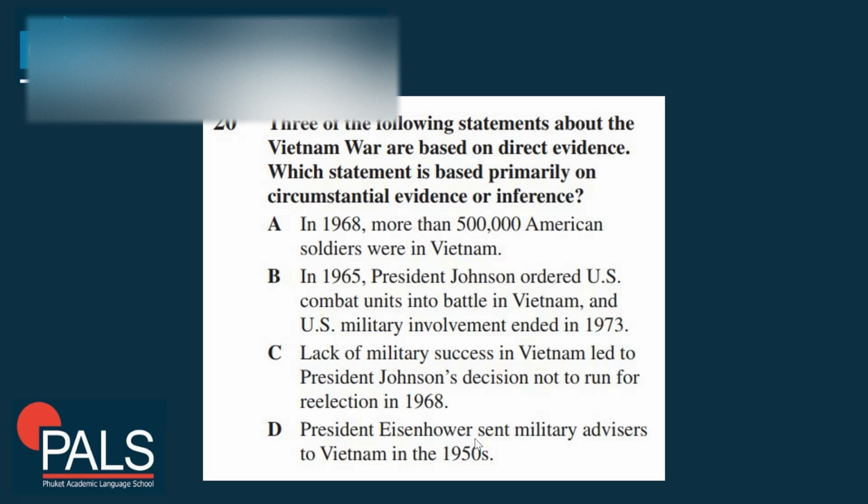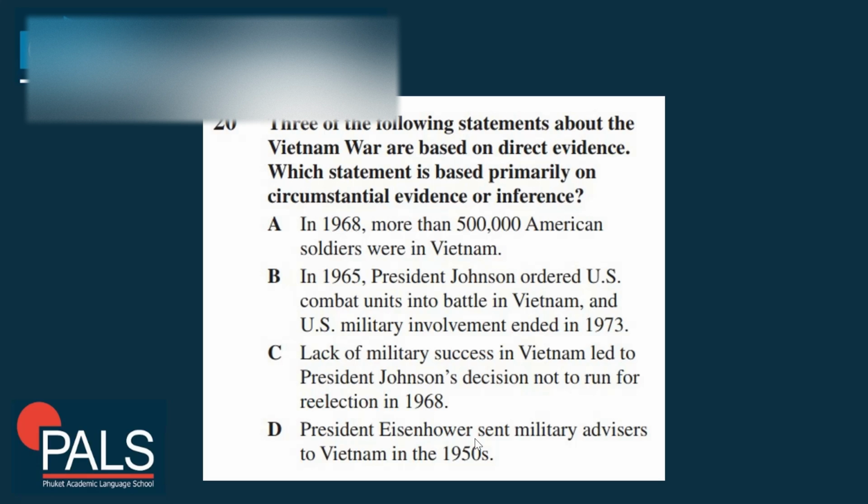Okay. So a lot of these answers we could base on physical evidence. There would be memorandums, there would be numbers. So A, more than 500,000 American soldiers were in Vietnam in 1968. We could prove this with actual evidence, physical evidence. There would be a memorandum, there would be news articles, we'd have both primary and secondary sources.